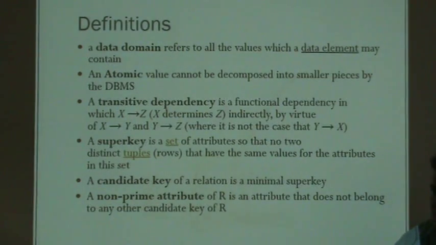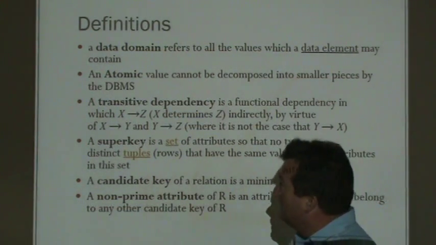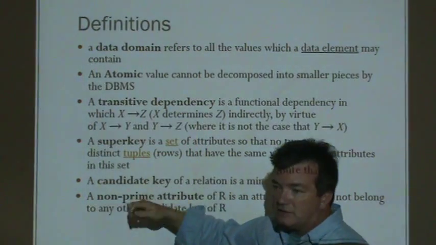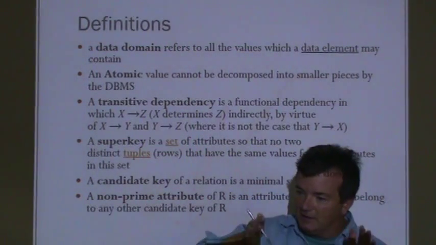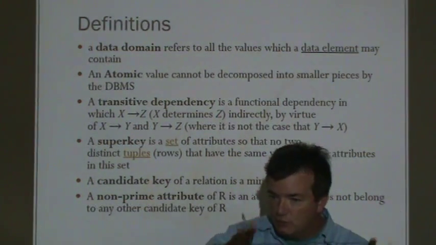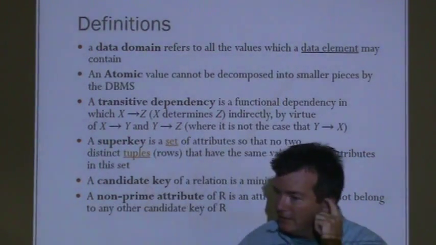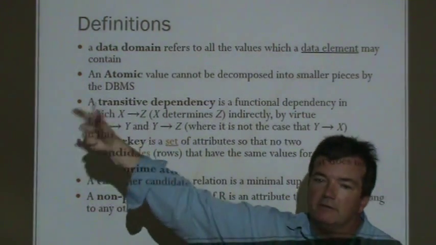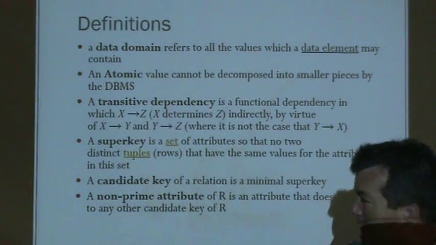And then just a reminder, when we talked about functional dependencies, a transitive dependency is a dependency where if you have a set of columns, and if you knew the values for a record in those columns, you could positively identify the columns in a second field, and if you knew those values, you could positively identify the third set of columns.